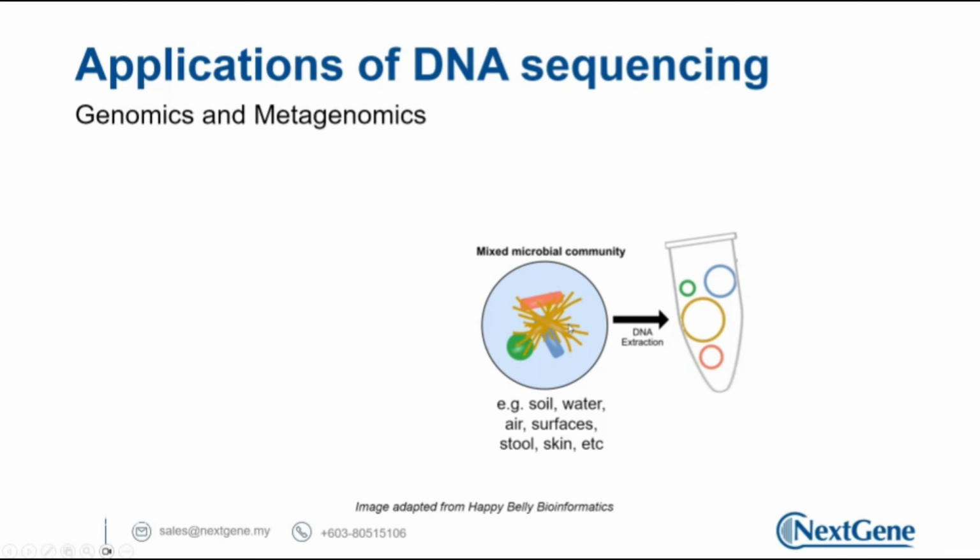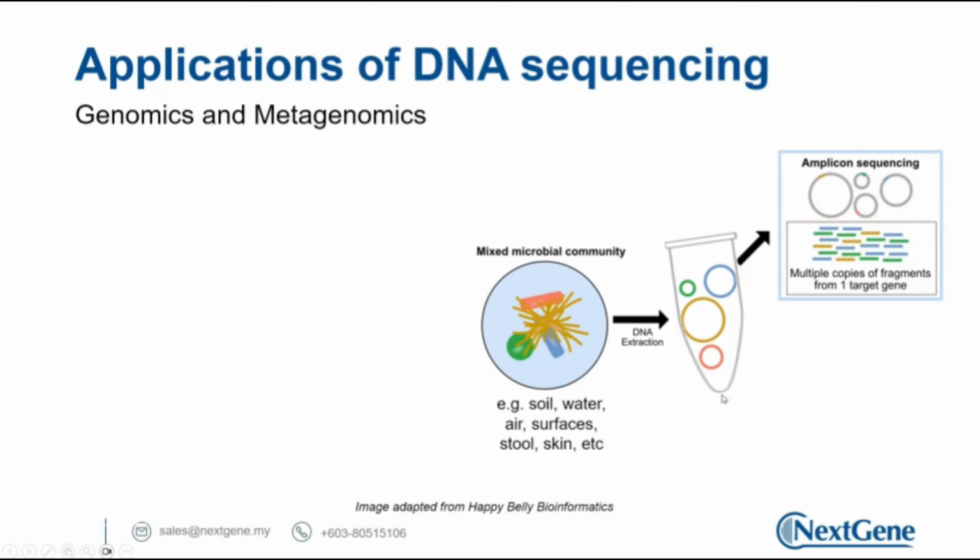If we extract the total DNA from the samples and then do some amplicon sequencing, this is one of the ways of doing a metagenomics study. We want to identify the members inside the samples. For amplicon sequencing, we normally use certain marker genes, and from the marker genes we will be able to tell what the members inside the samples are.